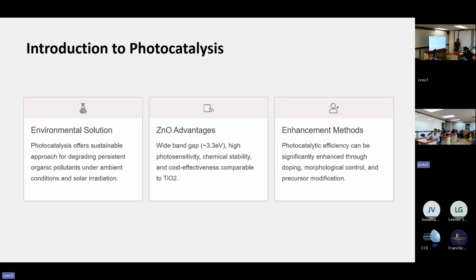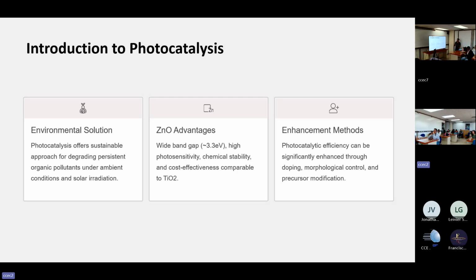However, the photocatalytic efficiency of zinc oxide strongly depends on its structural, optical, and morphological properties, which can be modified by the synthesis conditions.